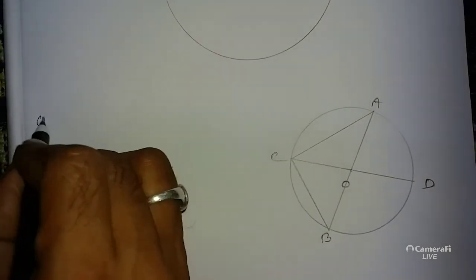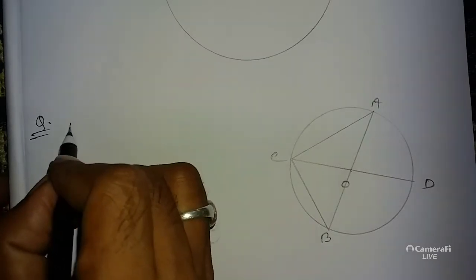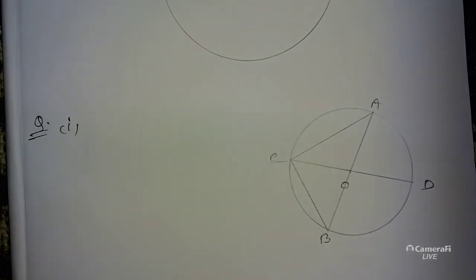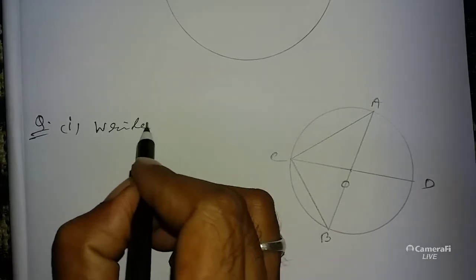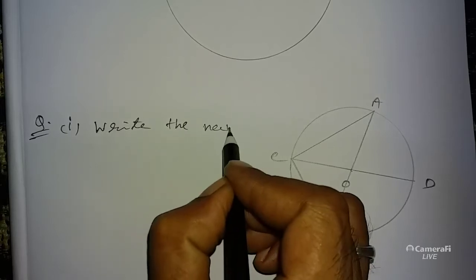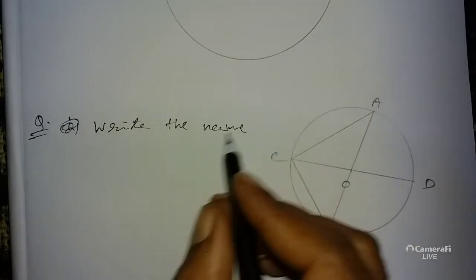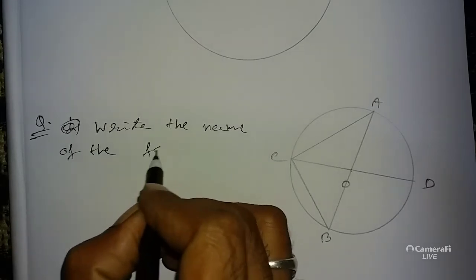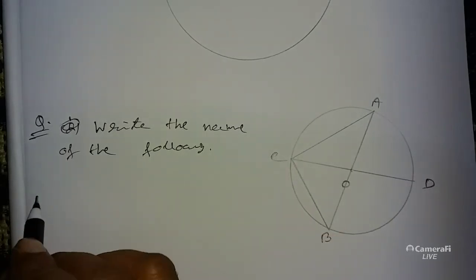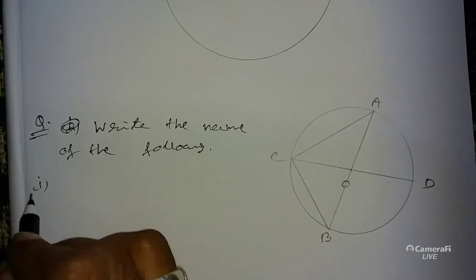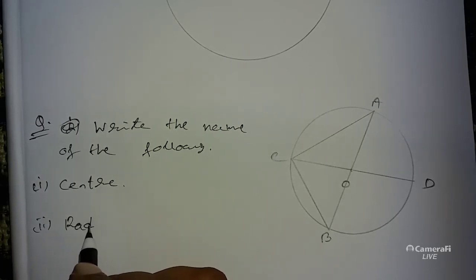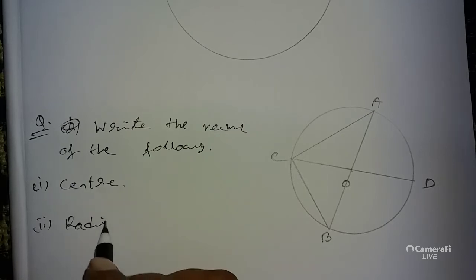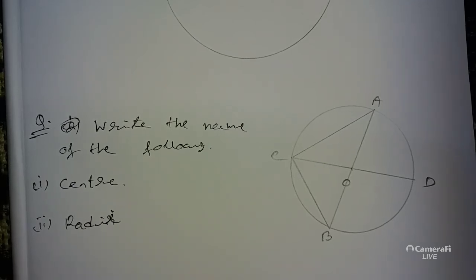Question is here for the figure number 1. Write the name of the following. Number 1, center. Number 2, radii of the circle.